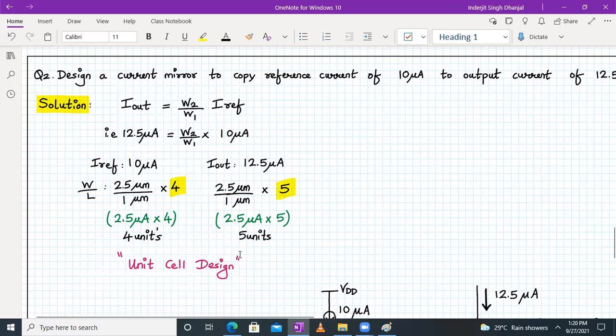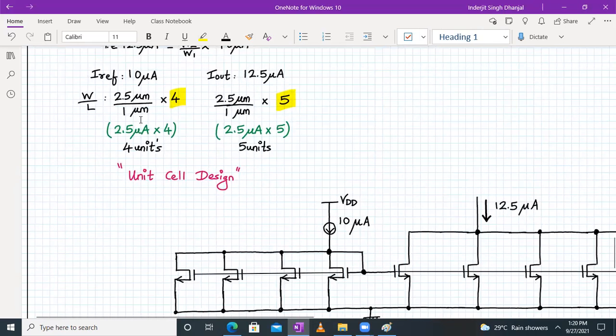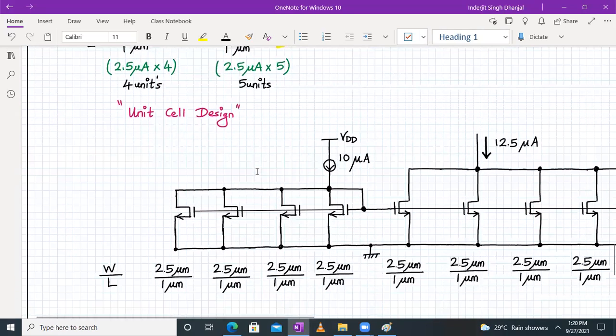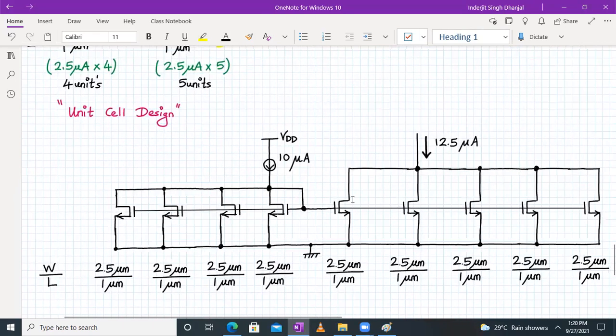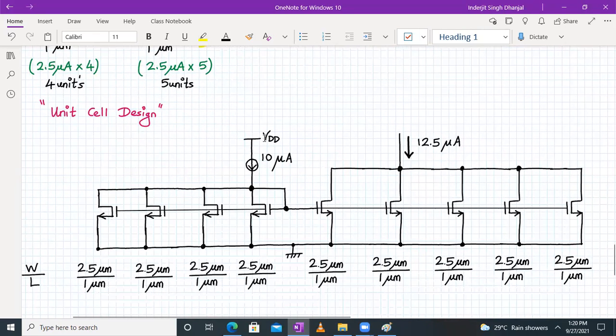I mean, we make 5 units of it. So we'll have 4 unit cells over here and 5 unit cells over here. Four transistors, each giving a current of 2.5 microamperes, and here 5 transistors, each individually giving a current of 2.5 microamperes. Hence we can design a current mirror which gives an output current of 12.5 microamperes from a 10 microamperes current source.